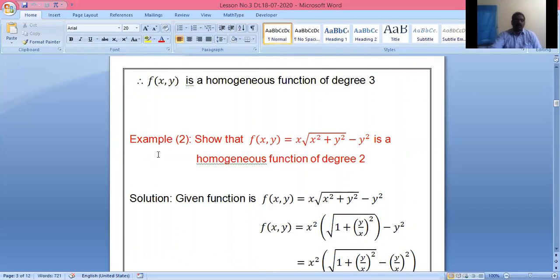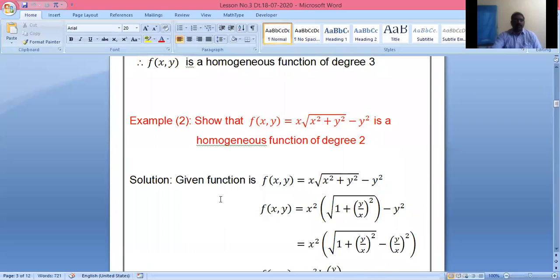Now we take another example. Show that f of x comma y is equal to x into root of x square plus y square minus y square is a homogeneous function of degree 2. Here the given function is f of x comma y equal to x into root of x square plus y square minus y square.